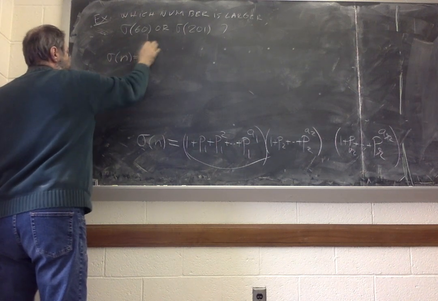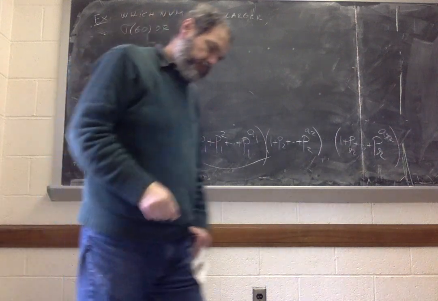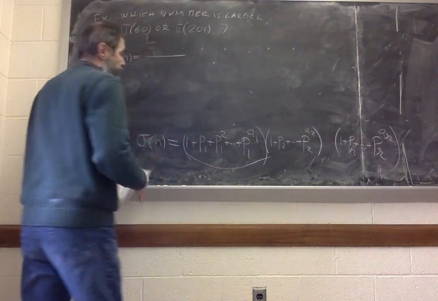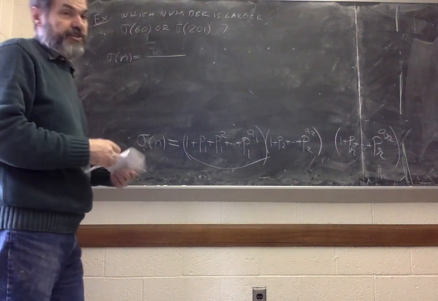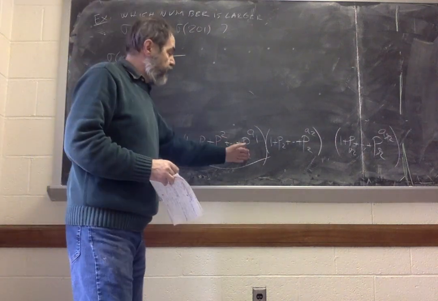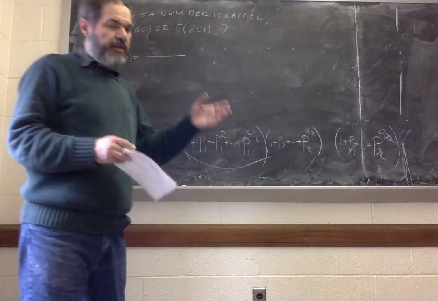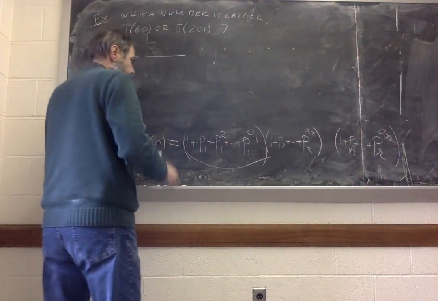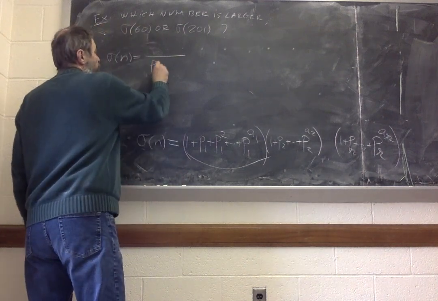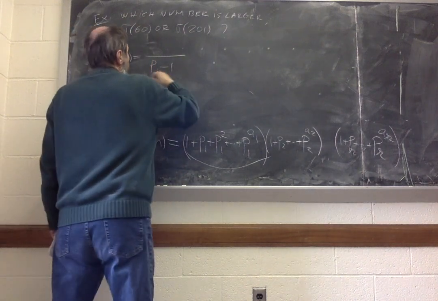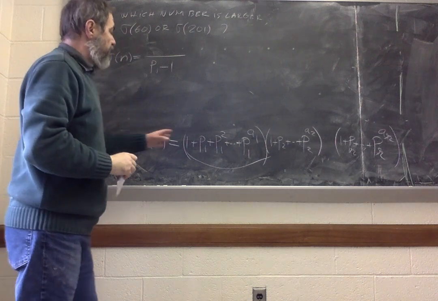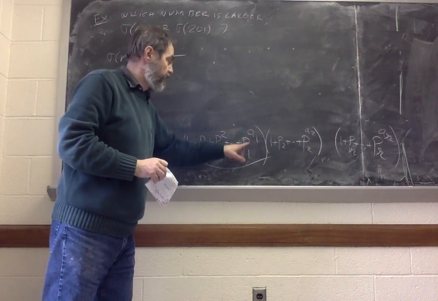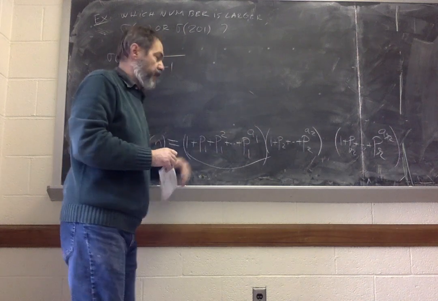Sigma of n is a product, but it has fractions. It has p1 minus 1 in the denominator. It has p2 minus 1 and so on, all the fractions. In the numerator is exactly the next power of p. If this is a1, it's plus 1.